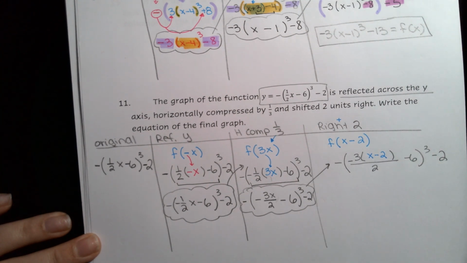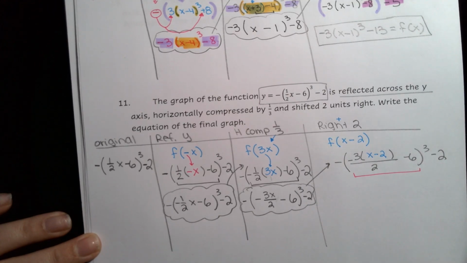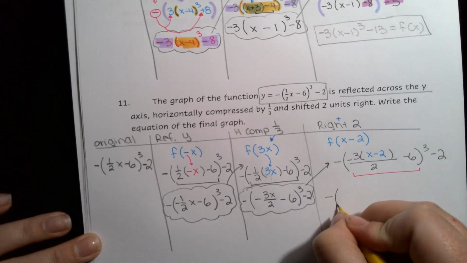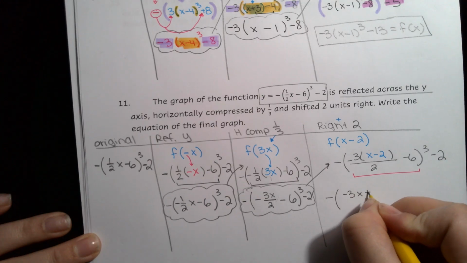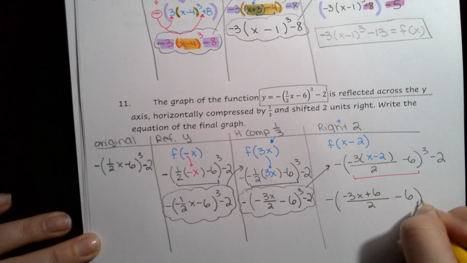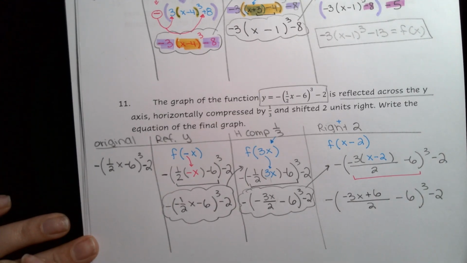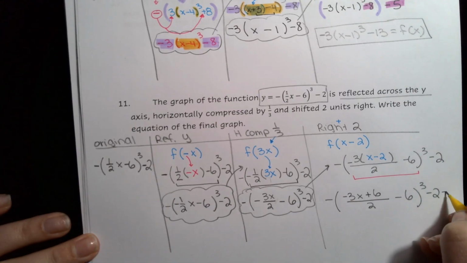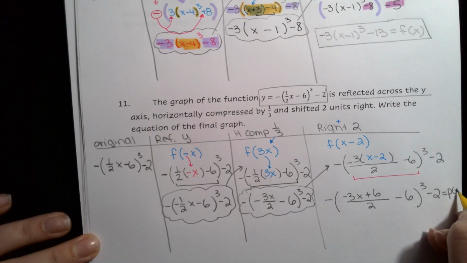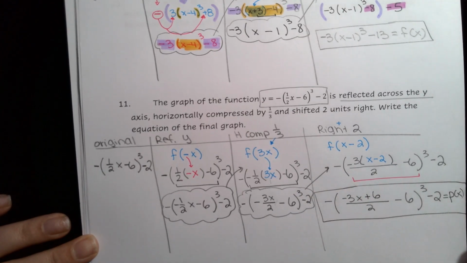Go ahead and distribute that. We do need to simplify on the inside. We get negative open, -3x plus 6 all over 2 -6, close it, cube it, -2. It's not the prettiest thing that we've seen, but it is what we have. Call it p of x, f of x, q of x, doesn't matter. Put a box around it.